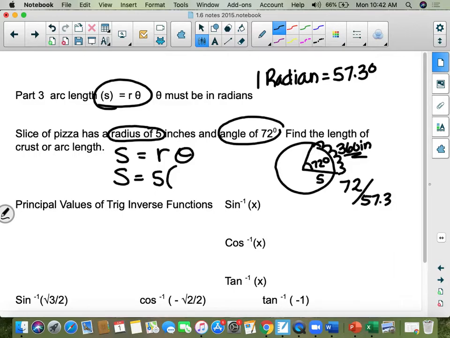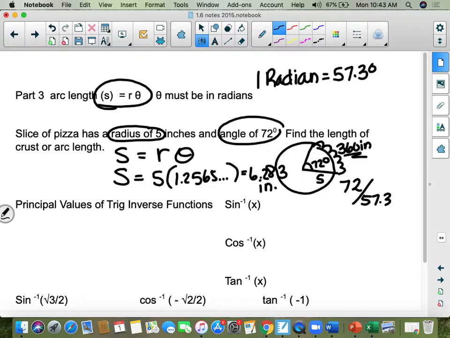So you're going to put 5, and in place of the angle, you're going to put in 1.2565 and so on. You're going to multiply that by 5, and you're going to get 6.283. You go out to 3 decimal places. That's how many inches the crust is. Does that make more sense that the crust would be 6.283 inches long instead of 360? You got to know that 1 radian is 57.3 degrees.